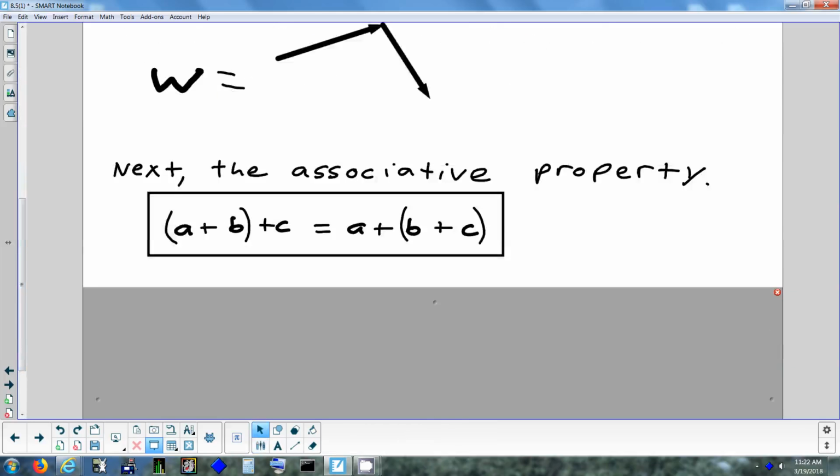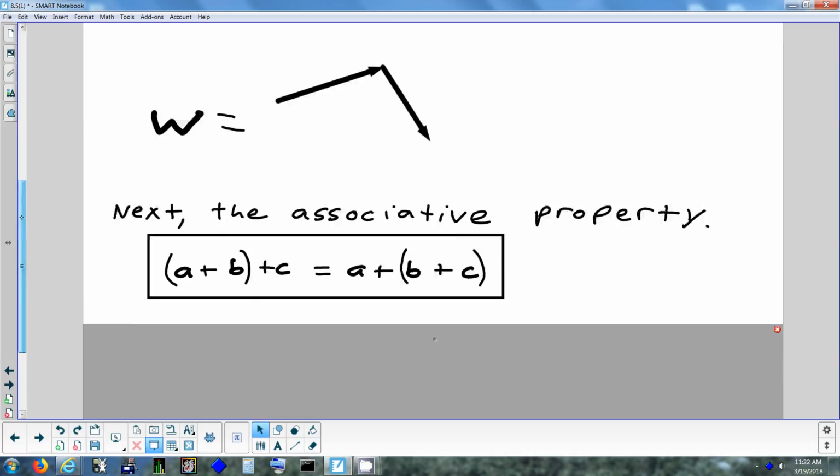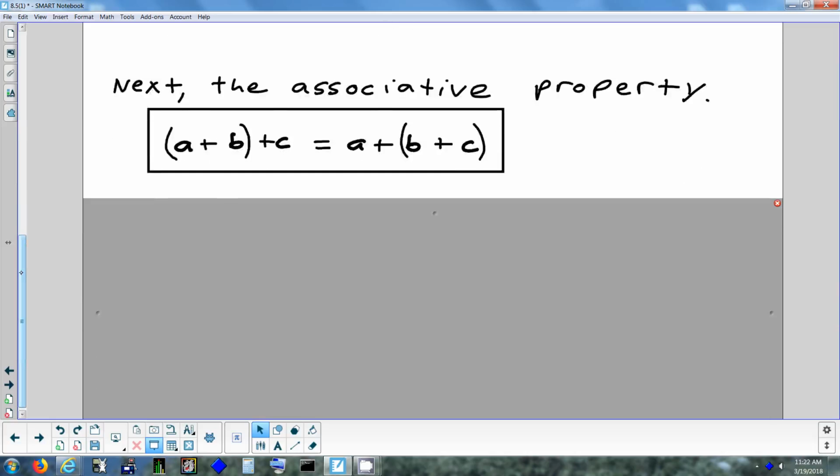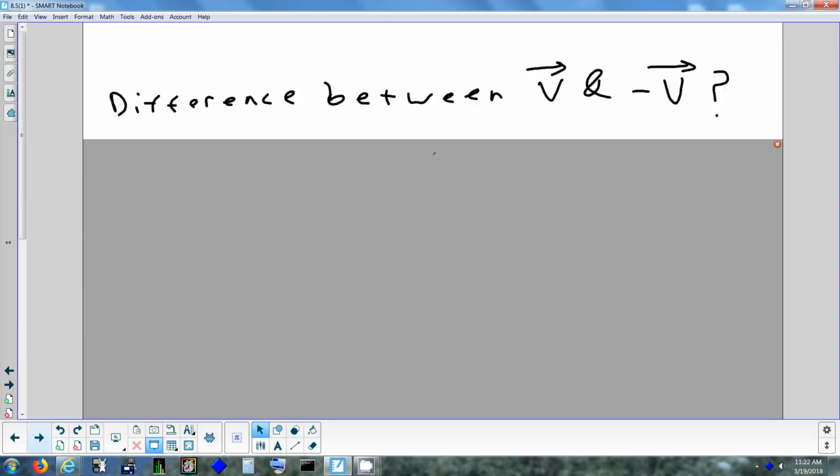On the right, it's B plus C. With vectors, it just works out very similar to how it would with numbers in this case. The associative property works. Any questions on that? And again, A, B, and C there should all look bold. Those are all vectors.